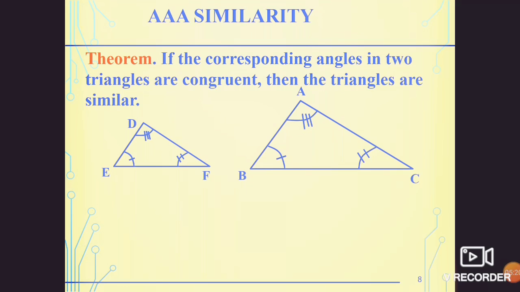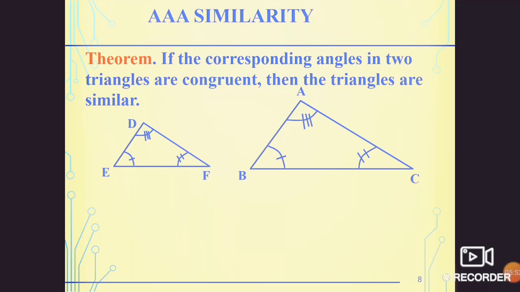But we have few theorems which state that if we go by those theorems, both the conditions are not required to be proved. If we prove one part of it, we can actually say that they are similar. Okay, so here we have the AAA similarity criterion, which is also a theorem, and it states that if the corresponding angles in two triangles are congruent, that is equal, then the triangles are similar.